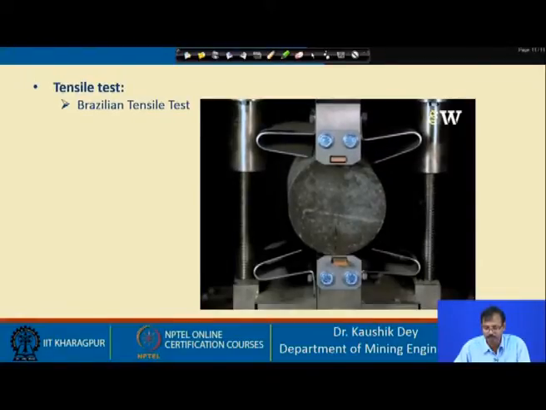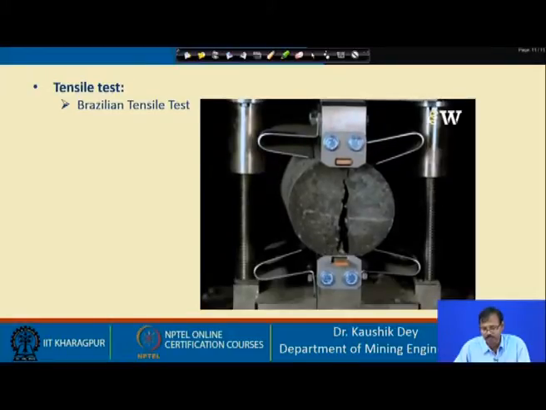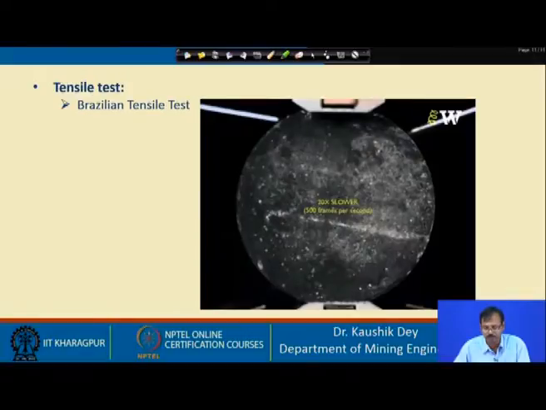As the specimen is subjected to load, you can see the tensile cracks are created across the diameter and the specimen fails under tension. This is the slow pace, you can see the propagation of the cracks in the specimen.